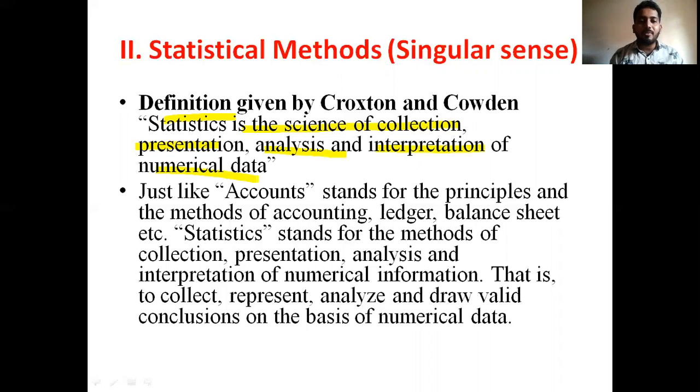In the same way, we can call statistics a method or body of principles, body of methods, just like accounts and mathematics. Accountancy mainly deals with how to prepare the journal book, how to prepare the ledger book, how to prepare a balance sheet statement. Yes or no? In the same way, statistics is also considered a method, a subject.